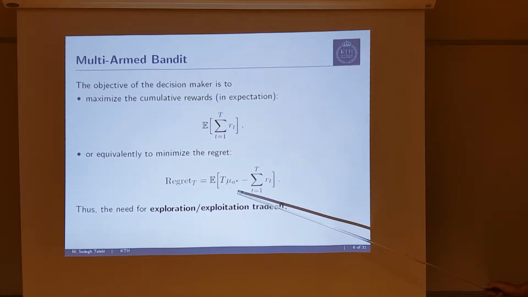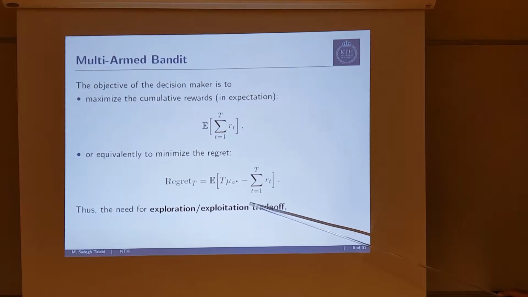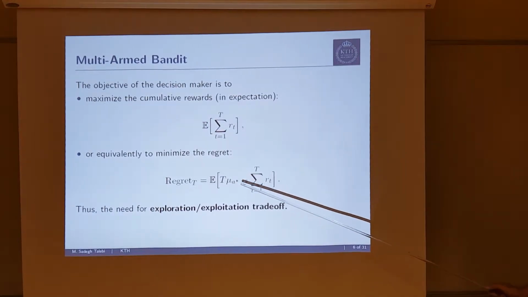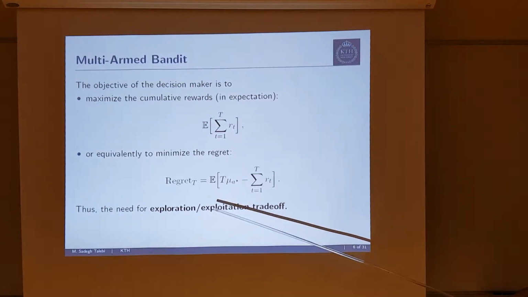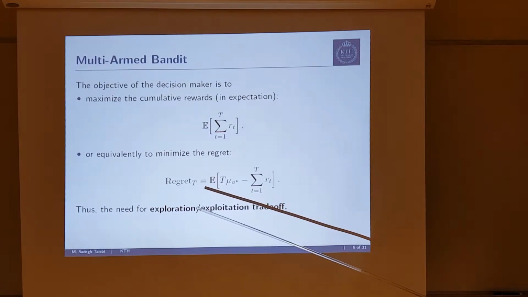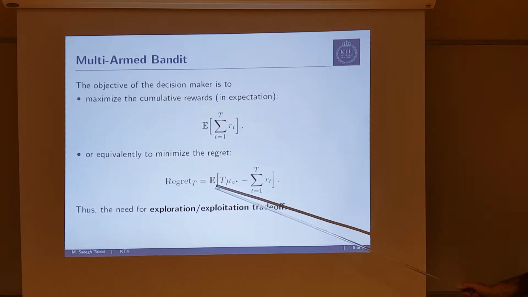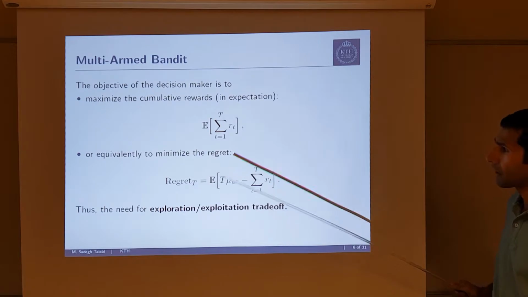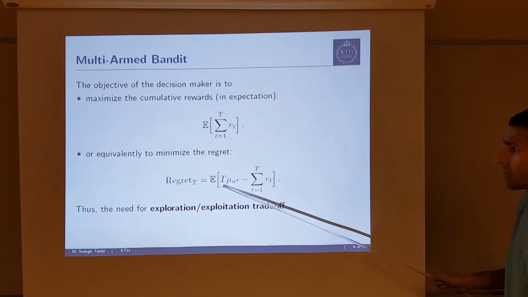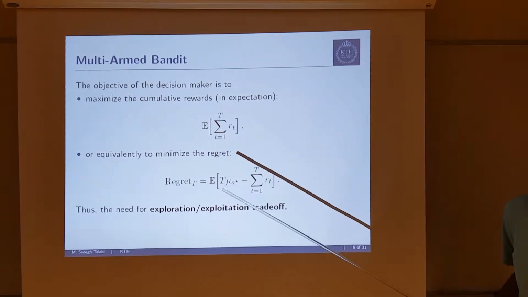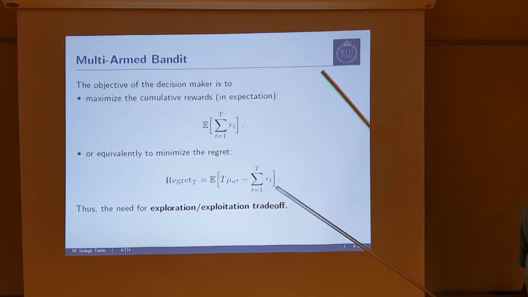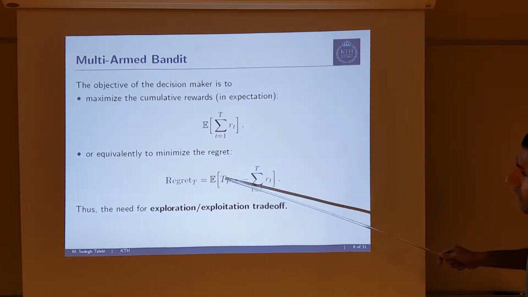But the regret here can be simplified as this, because there is no notion of a state, and the reward under an optimal policy after t time steps is simply t mu of A star on average. And this is something constant.